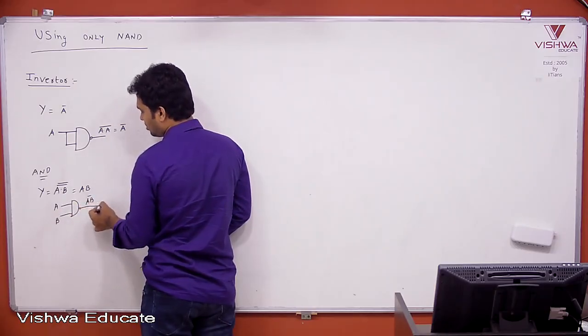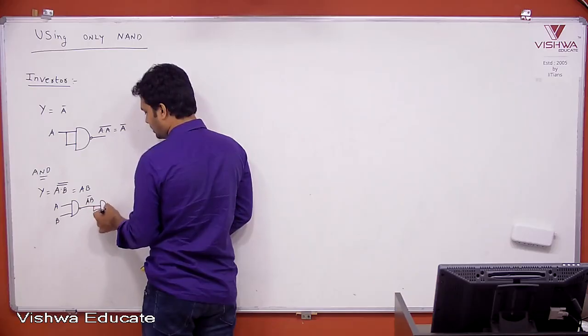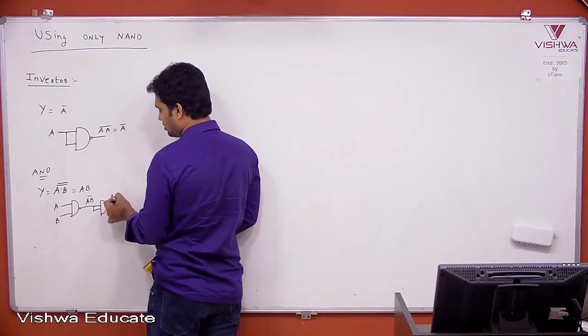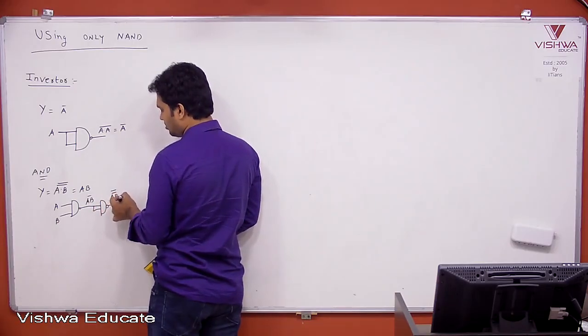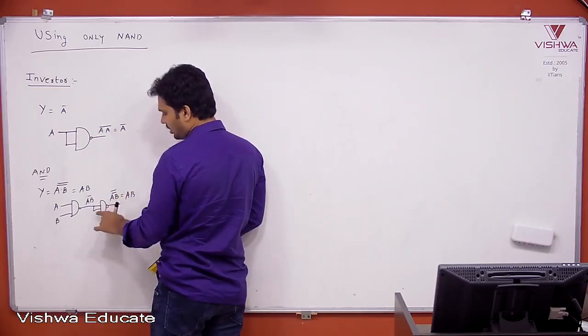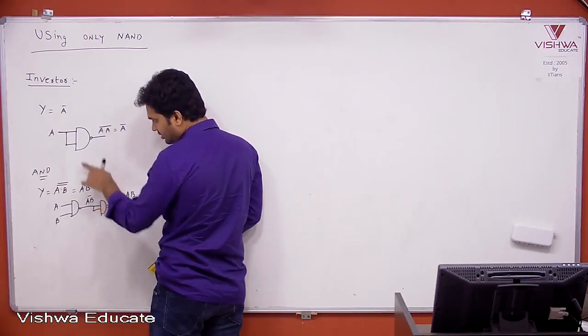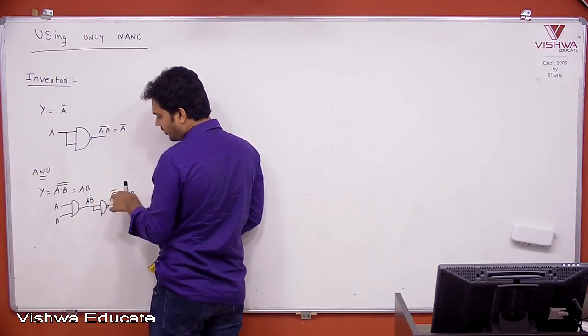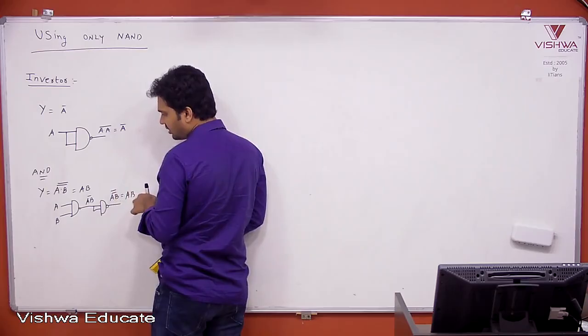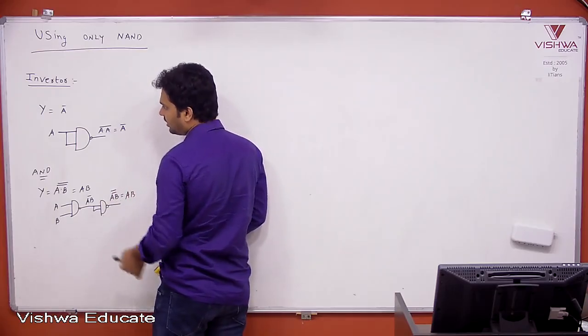AB bar. Take one more NAND gate. What is the answer? AB bar whole bar, which is AB. This is AB bar, and here this is nothing but an inverter. Inversion of AB bar is AB bar whole bar, which will give you AB, which is nothing but the AND gate.